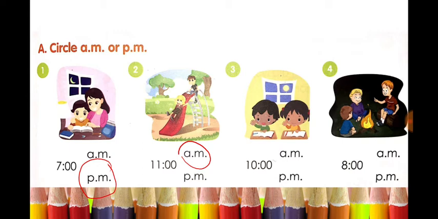Yes, excellent, it's 10 AM. What about here? They have a picnic. They are camping and sitting around the fireplace. What's the hour now? It's 8 AM or PM? Amazing, it's 8 PM. Perfect.